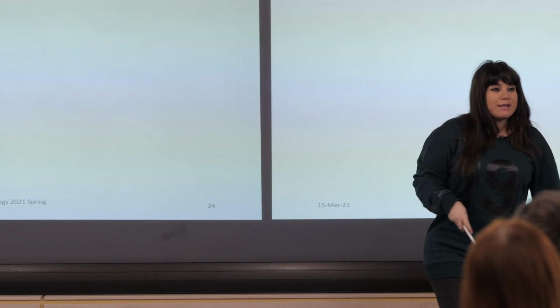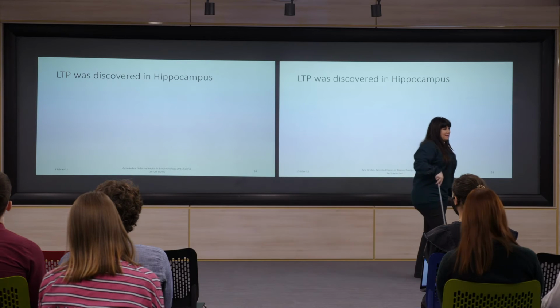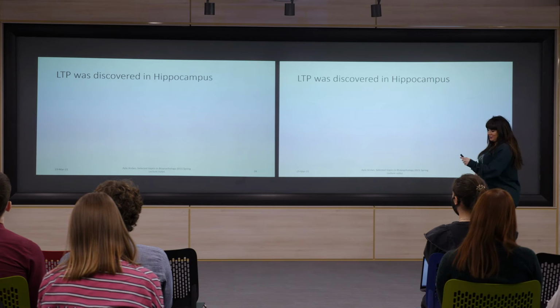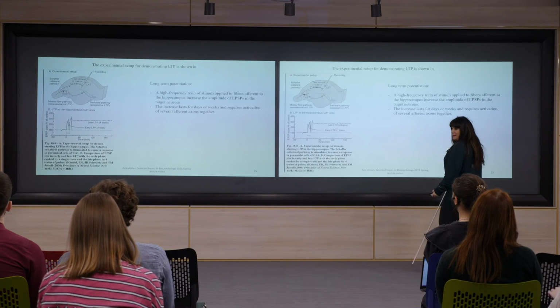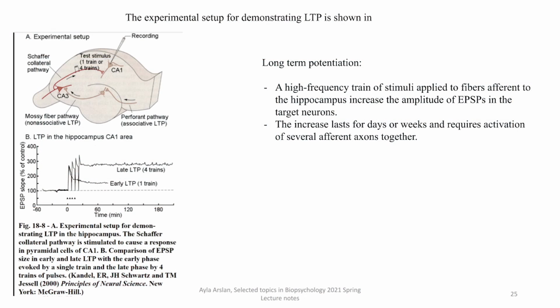Okay, so now we can talk a little more about LTP in the hippocampus, because it was discovered there. And what actually is LTP? But before LTP, I have to tell a little about the history of this idea. What is the idea here? What are people trying to do in this experiment?